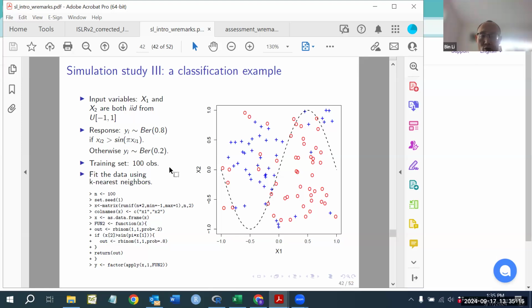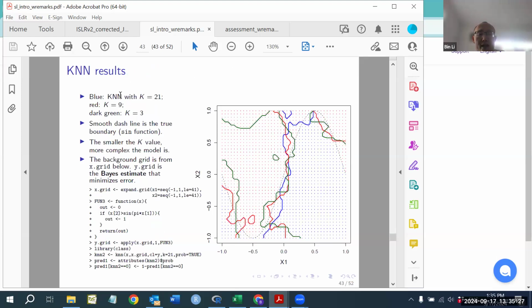Here we have a training set of 100 observations, and we use k-nearest neighbors. And this is the code to generate the data set. Okay? So here I ran the KNN on the training examples. And in KNN, K is the number of nearest neighbors that we use. Okay, so I ranged K over a big range.